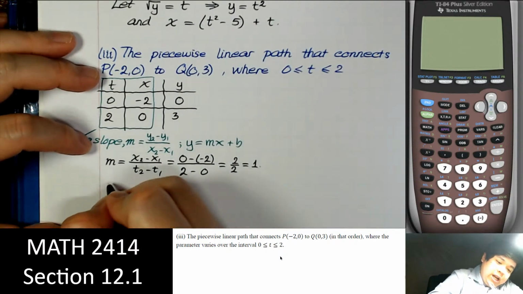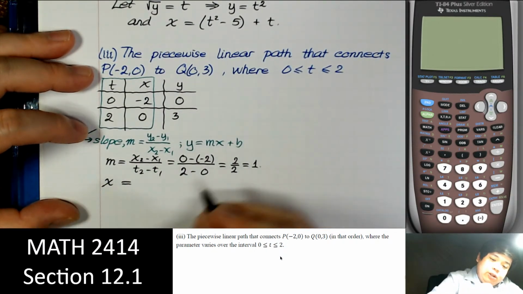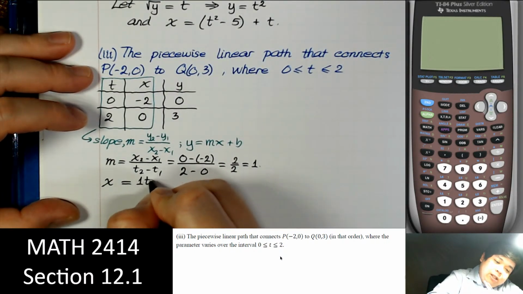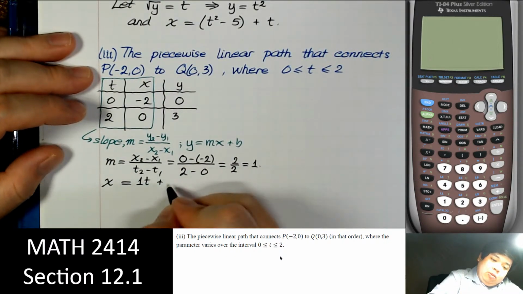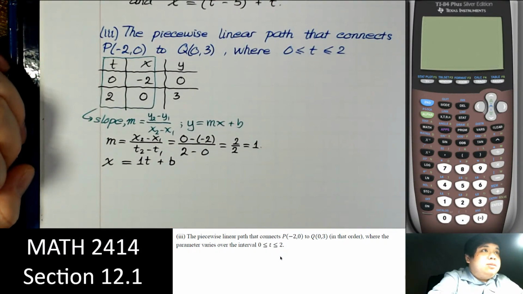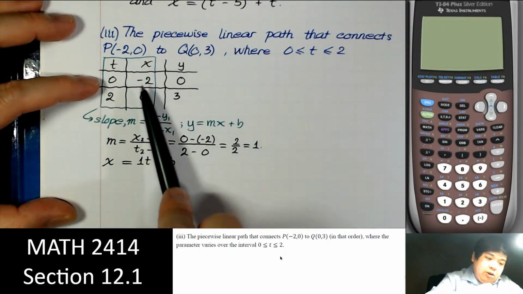So the equation is x equal to 1t plus something, and then we can substitute in 0.